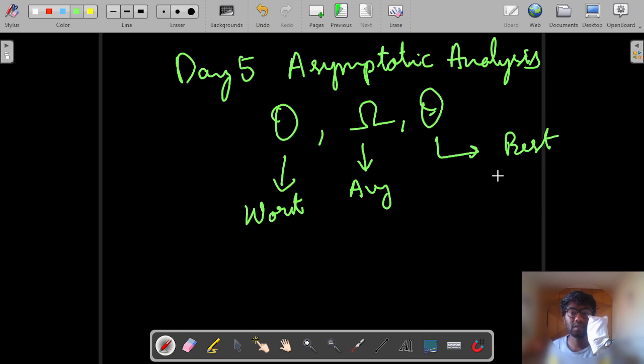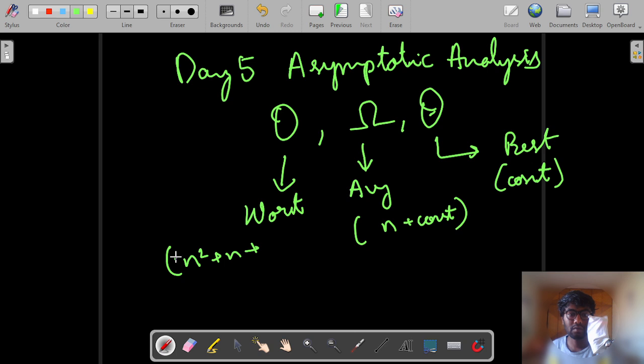So in the best case scenario, this might be constant only, and in the average case, this might be n and the constant, and in this case it might be n square plus n and the constant. So we always consider big O, the worst case part.